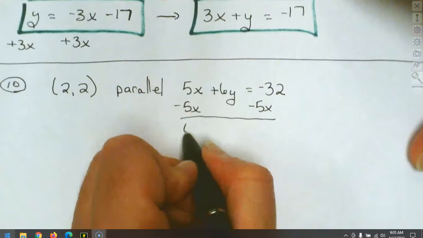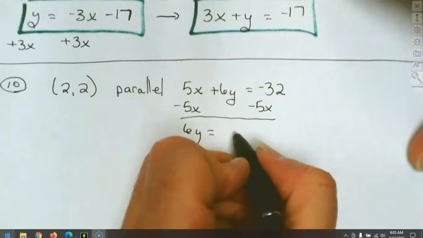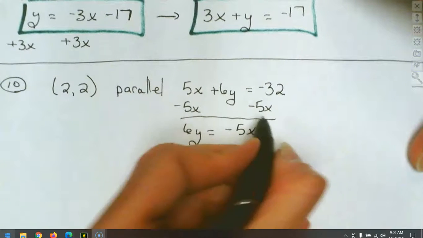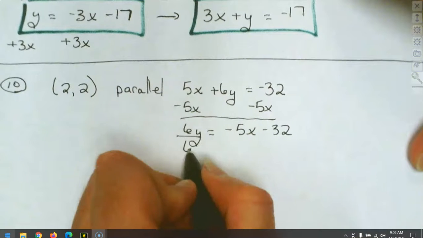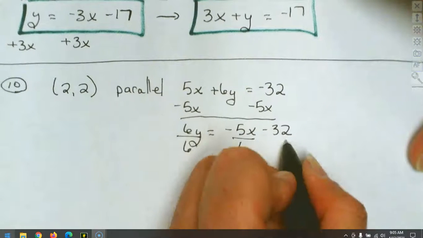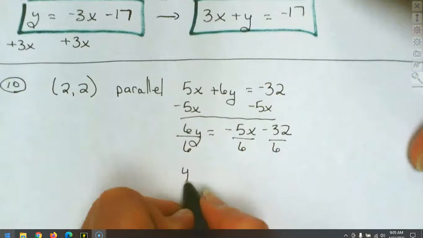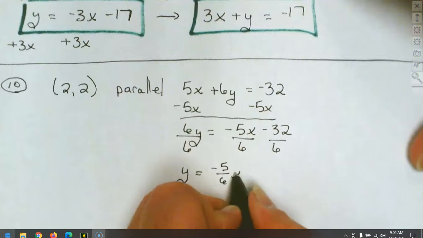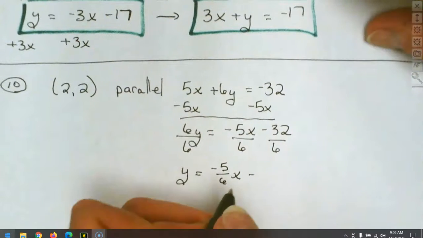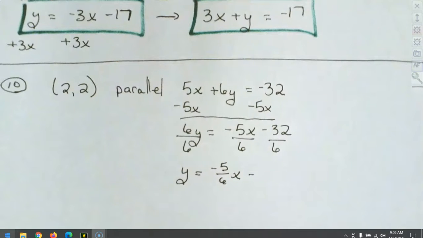So go ahead and move that 5x over. And that leaves you then with 6y equals a minus 5x minus 32. Divide by your 6 and reduce this down as much as you can here. So that's going to reduce down to a minus 5/6 x. And then we've got 32 and 6 both have a 2 in them.